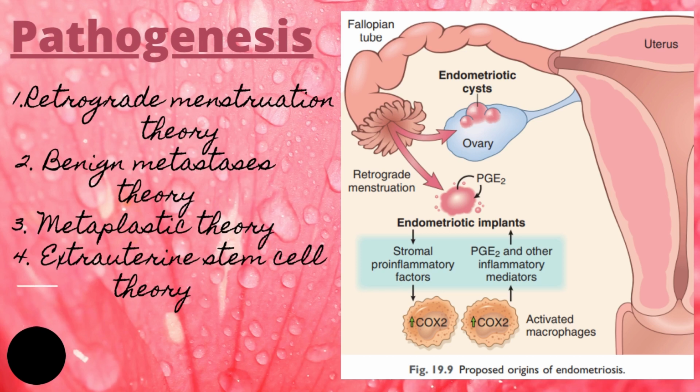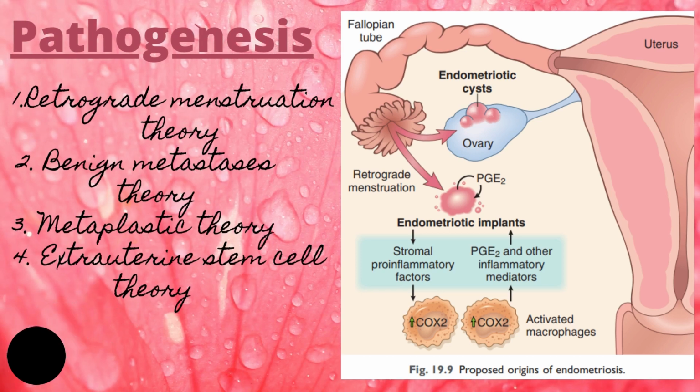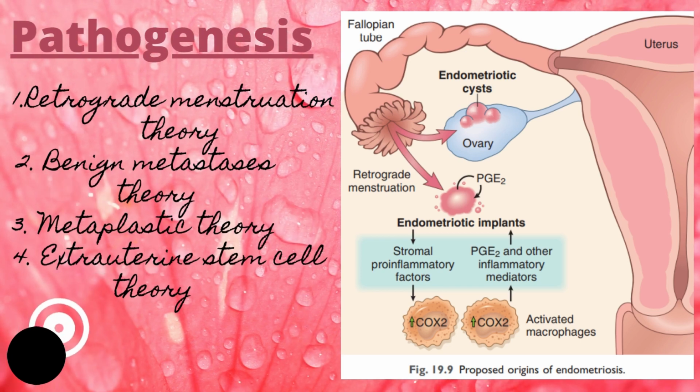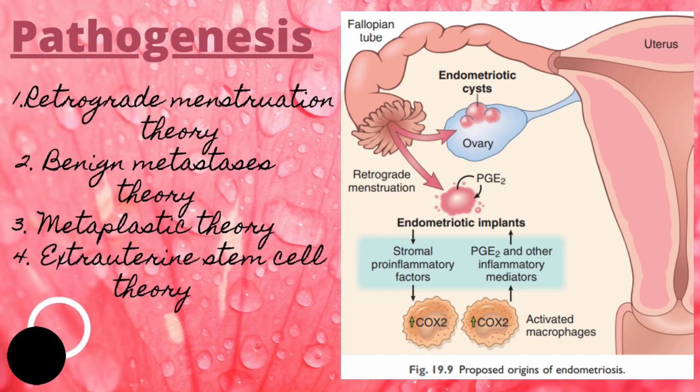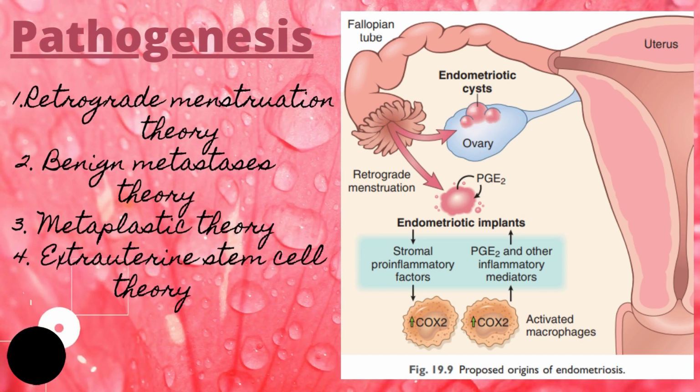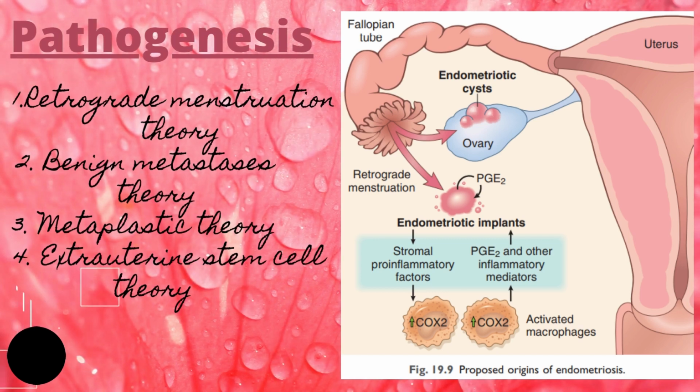Now, the endometriosis implants are benign and they undergo the same proliferation, secretion, and menstruation as the normal endometrium. The only difference is that they have high levels of the enzyme aromatase, so they can produce their own estrogen.